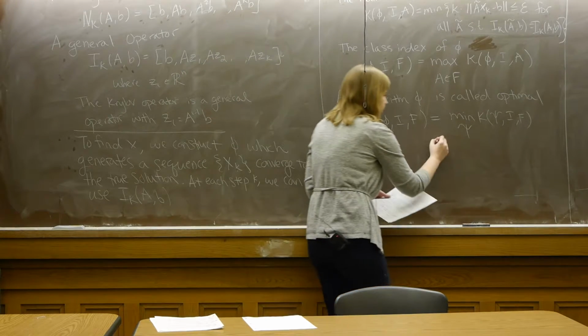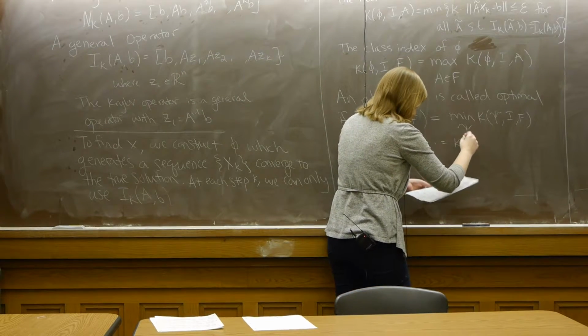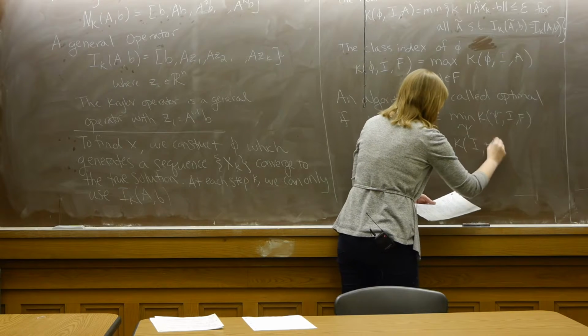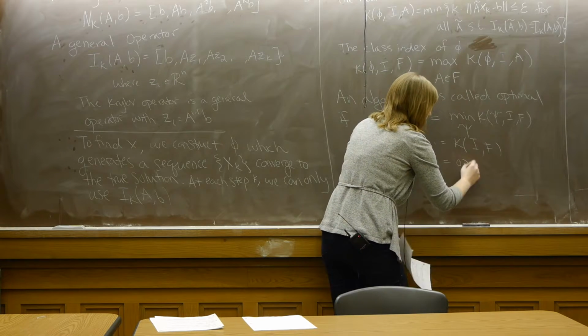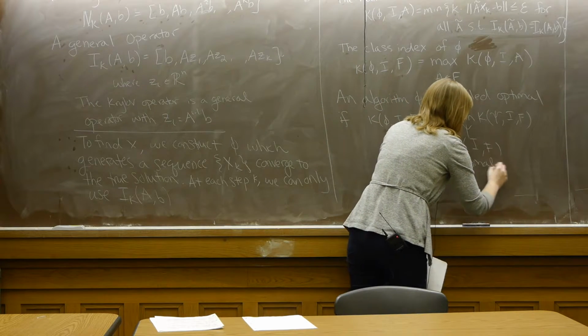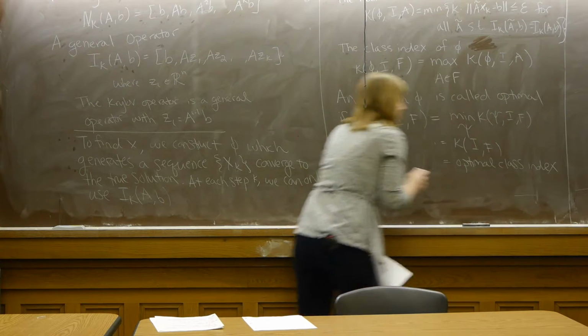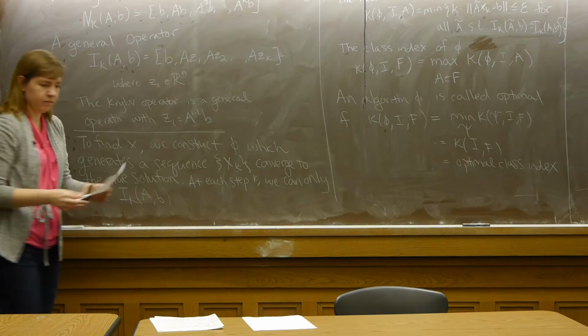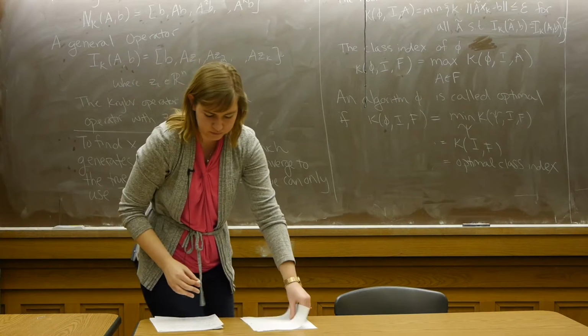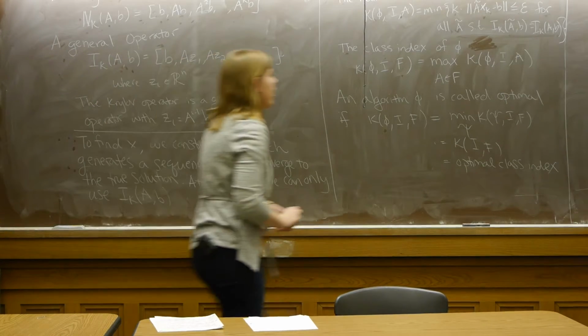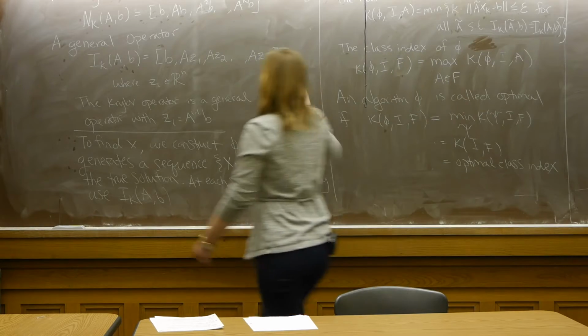And this has a special notation. It's called K(I, F), the optimal class index. All right, so this is our notion of an optimal algorithm.